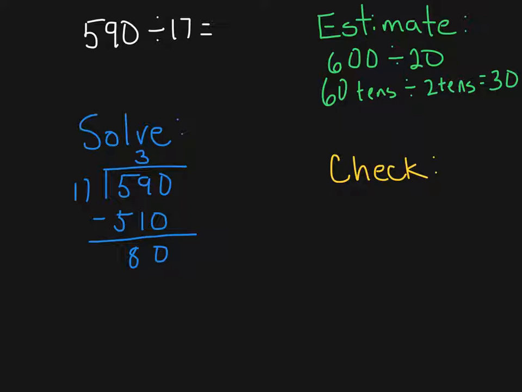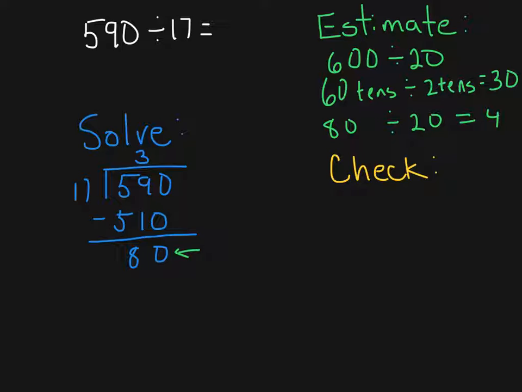Now I'm going to have to do a little bit of mini estimating in my mind. Now I have to decide how many times 17 will go into that 80. And I can work it out by rounding. I'm going to round 17 to 20 again, and of course this 80 right here can just stay an 80. And 80 divided by 20 will equal 4.